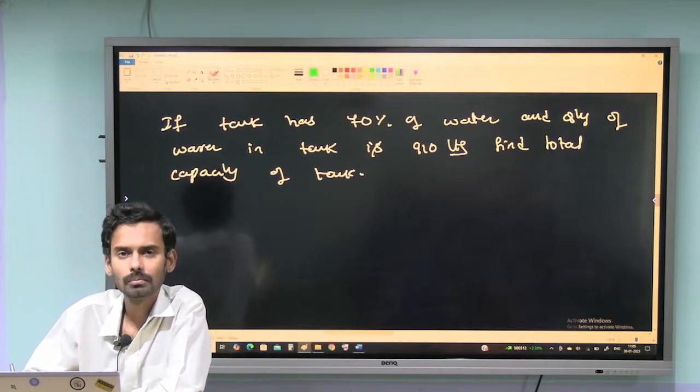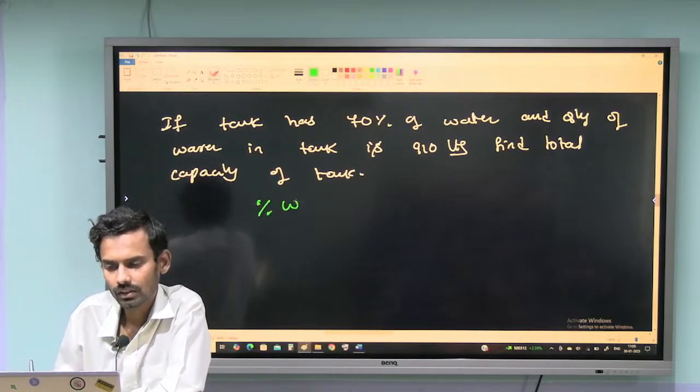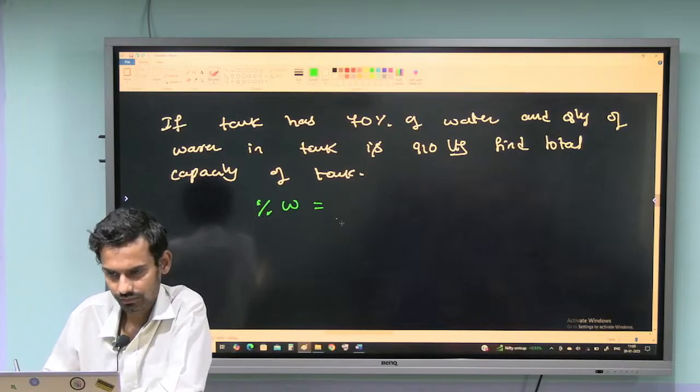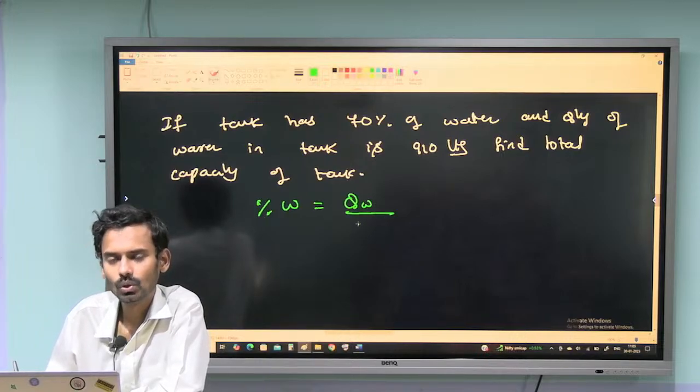So apply the same formula. Percentage of water should be equal to quantity of water divided by total quantity of the tank and multiplied by 100.